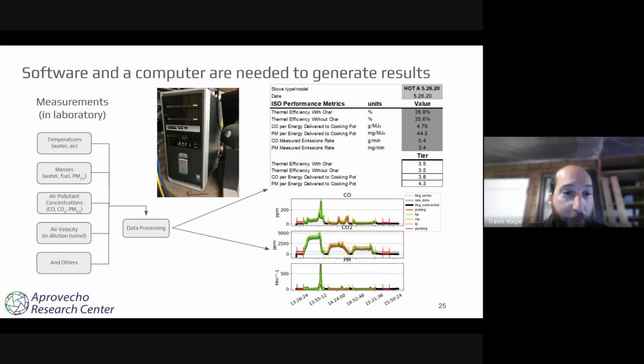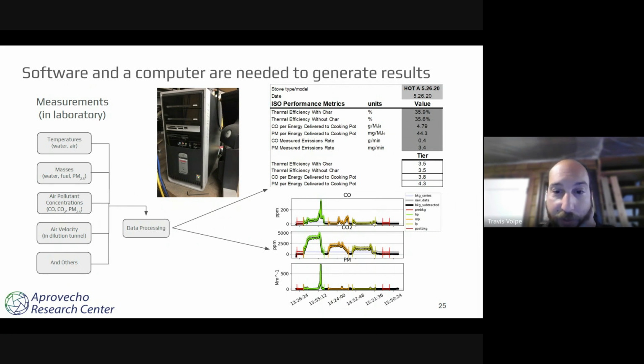So all of our measurements, again, the temperatures, the masses, the concentrations of pollutants, the air velocity, all get put through our data processing software, and the end result is an easy to read and easy to compare performance metrics table. An example of this is on the right.